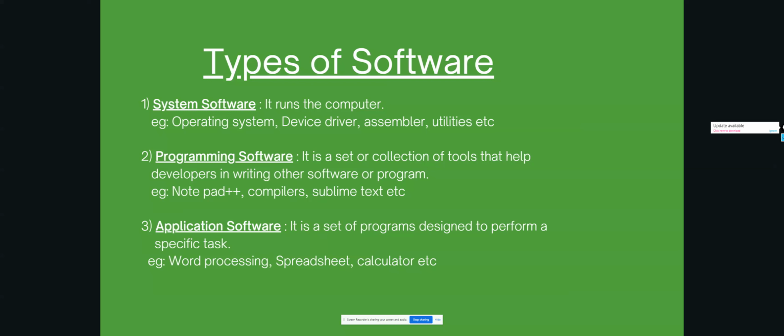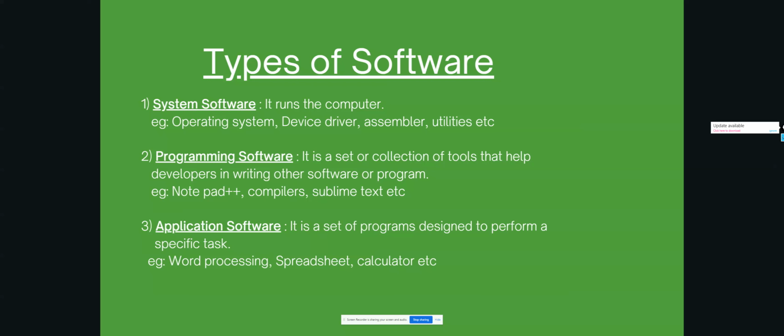If you want to type anything in MS Word or MS Excel, do you need any internet connection? Nothing is required. There is no control for this application software. Any end user can use this application software without internet connection.